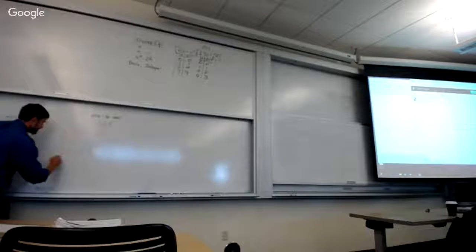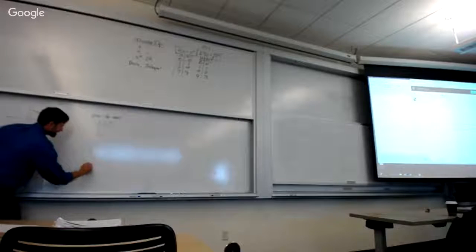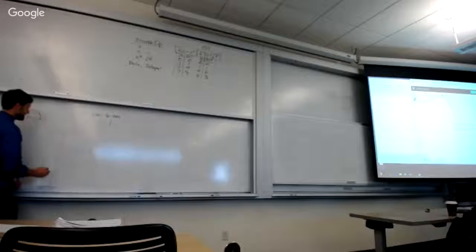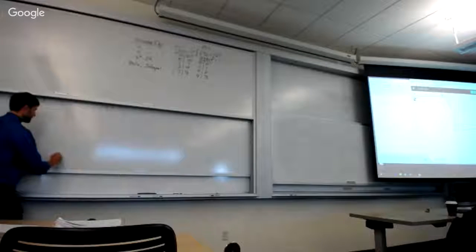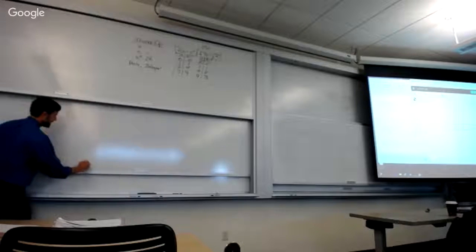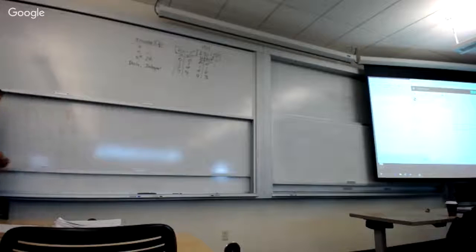A fifth root is x to the 1/5. And any nth root is really x to the 1/n. A nice little refresher. Now, take a look at this function. Does it pass the horizontal line test?